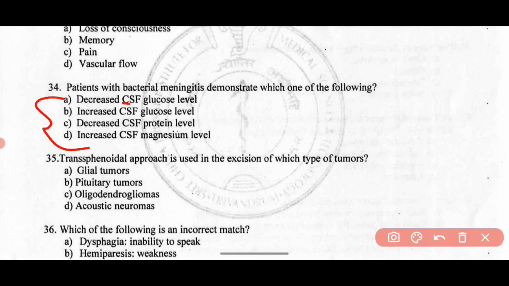The right answer is option A, decrease in the CSF glucose level. Why? The bacteria will utilize all the glucose content for their survival. So the glucose level is going to get reduced in bacterial meningitis.